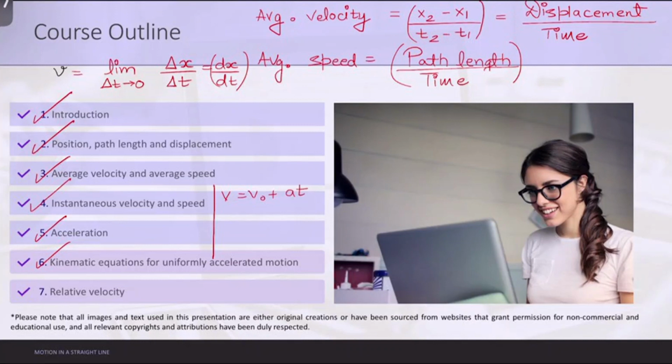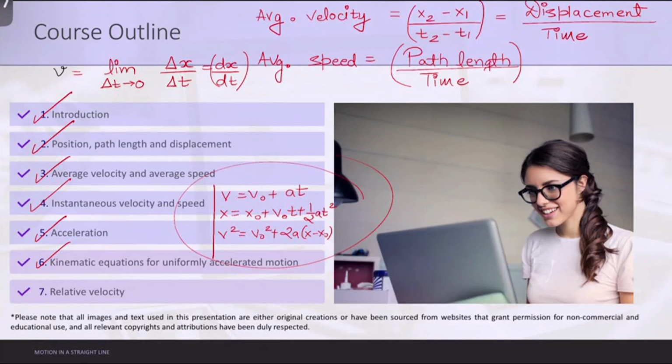Then x is equal to x naught plus v naught t plus half at square, and v square is equal to v naught square plus 2a into (x minus x naught). That is how we got these relations. First, we used a graphical method to find these, and next we used differential calculus.